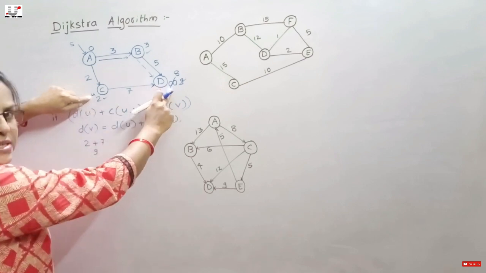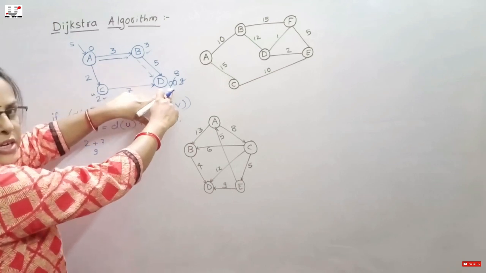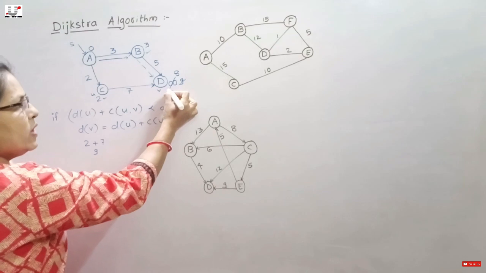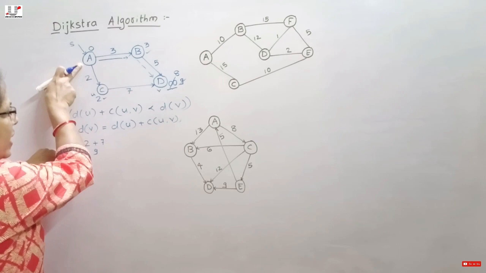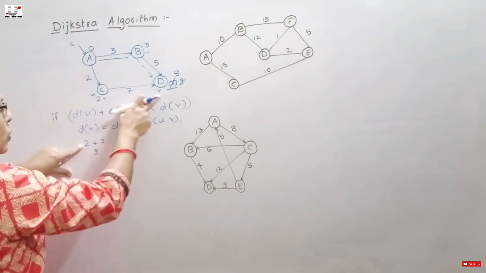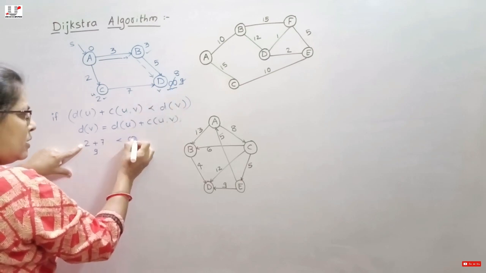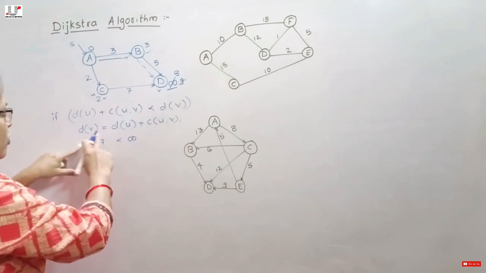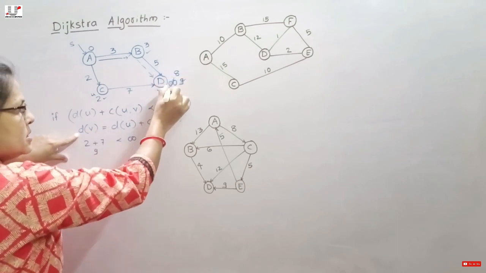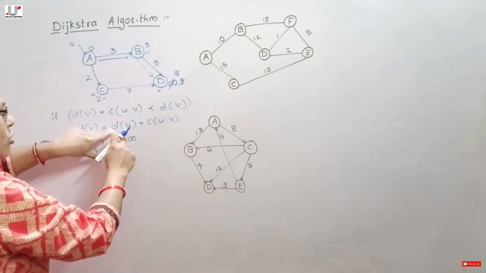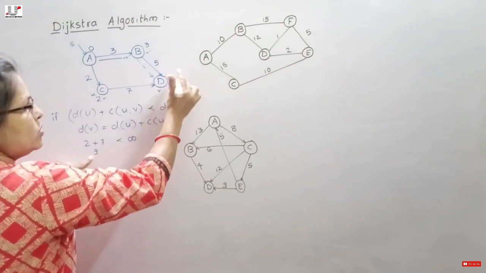Initially the distance of D was infinity, as there is no direct edge from A to D. Via C the distance is 2 plus 7, and is it less than infinity? Yes, it is. So we replace the distance of v by distance of u plus cost of uv, which is 9.